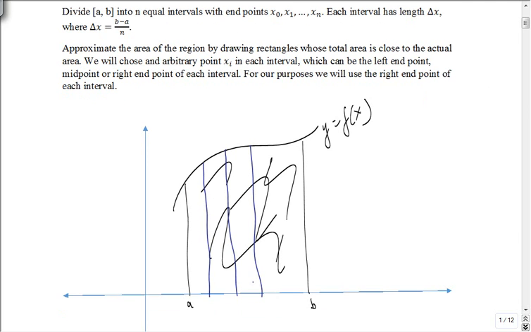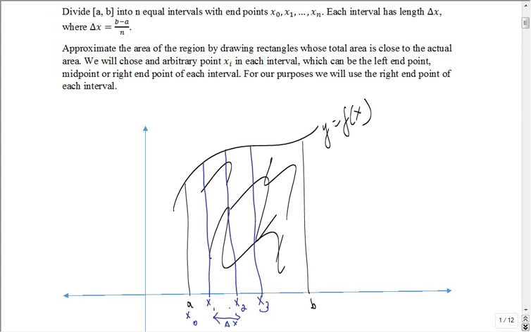So this a was your x0, this was x1, x2, x3, and so on. The length of each of these intervals was delta x, and delta x was calculated to be (b minus a) over n. In other words, the length of the interval over the number of the intervals.